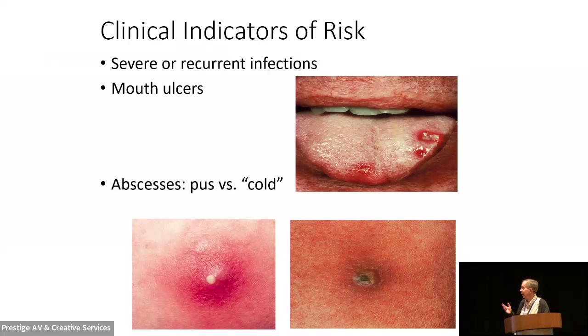And anybody can get one or two aphthous ulcers. I get one whenever I'm stressed. Medical school is a lot of aphthous ulcers. But having many, or as one patient put it, the mother of all mouth ulcers that was the size of a nickel, is an indication that something's wrong.